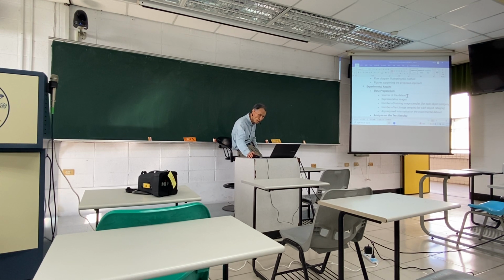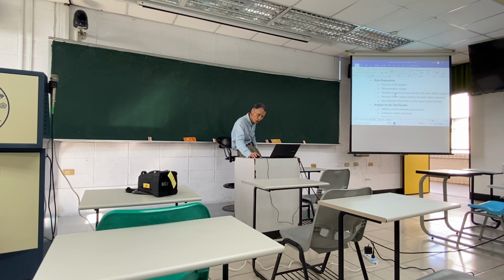If the data set is based on a public library or provided by a manufacturer, just say so. Then show some representative images, for each class, if you are working on classification or segmentation.